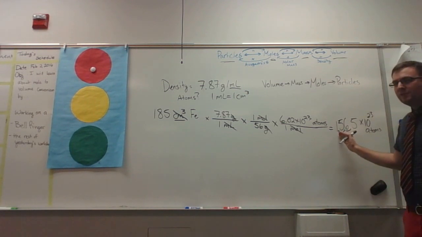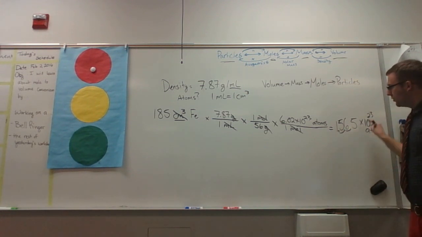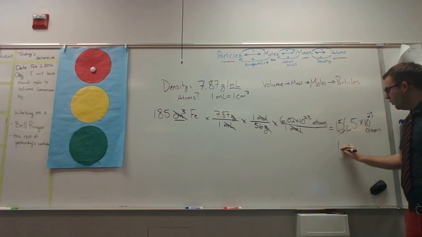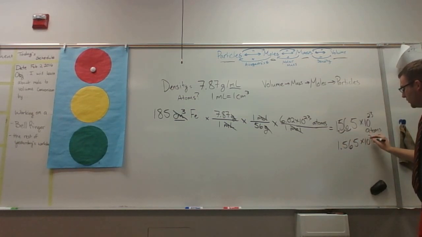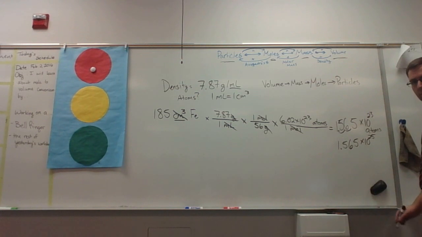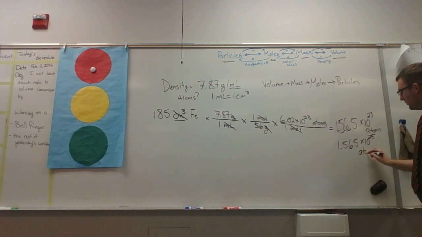Now, since I moved it to the left, that's going to increase my exponent by 2. So that means I have 1.565 times 10 to the 25, and that's atoms, specifically of iron.